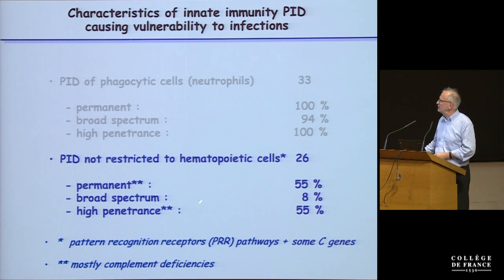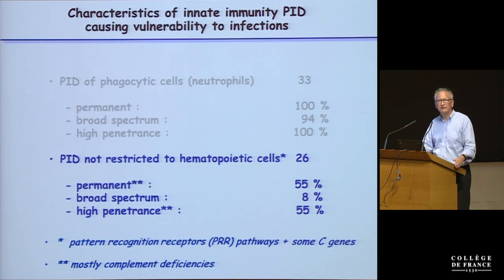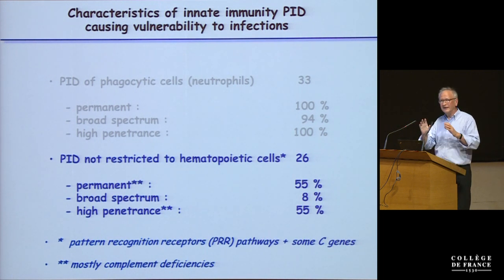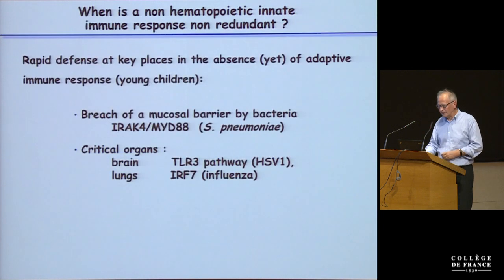The spectrum of infections is very narrow, as you can see, and again, the penetrance is not as high, only high in 50% of them, and again, this is in the complement deficiencies, not in the deficiencies affecting pattern recognition receptors and the downstream pathways. So here, not only is there a difference in frequency, but there is also a difference in intensity of the phenotype observed as far as infections are concerned.